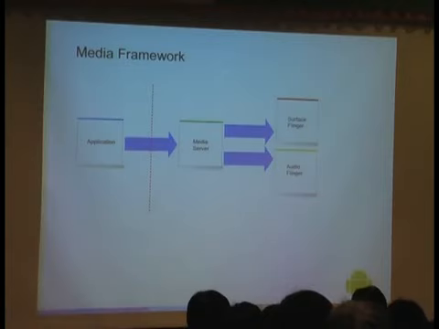Audio Flinger, which basically is a mixing engine that takes multiple streams of audio and mixes it to an output. It could be Bluetooth, it could be the speaker, a wired headset, whatever. And then the Surface Flinger, which is the 2D composition engine for Android. That takes all of the windows and composites them down to a single 2D frame buffer that is an output to the hardware.